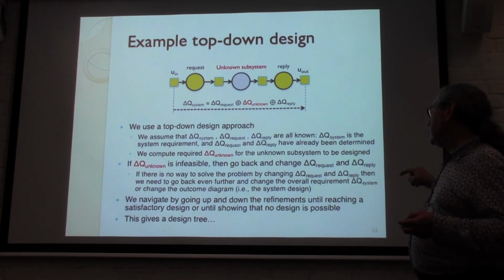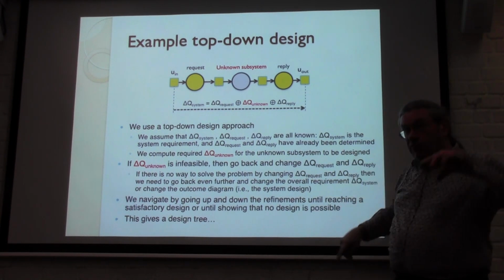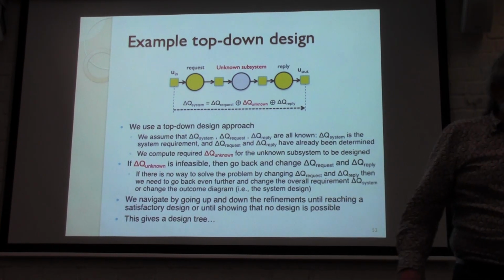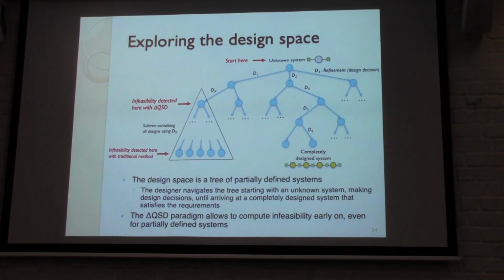It has to be changed. Okay? So it's like we go up and down these requirements, making decisions and undoing decisions until we get something reasonable. Okay? And each step of the way, we can figure out the predicted performance.